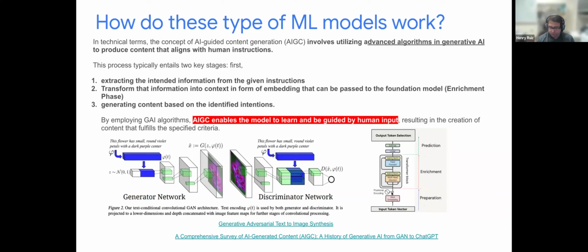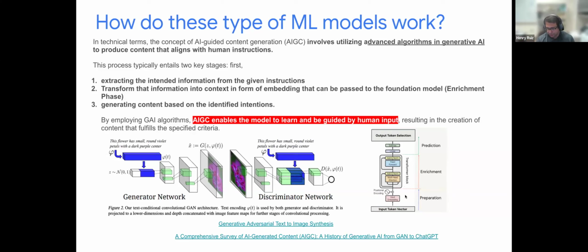Because at the end, what's going to happen in this enrichment phase is that the embedding representation, which you can think of like a vector, is going to be injected here as context. This could mean adding that vector, or you can combine two different embeddings.